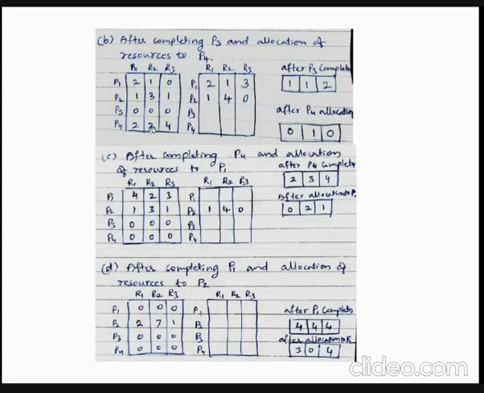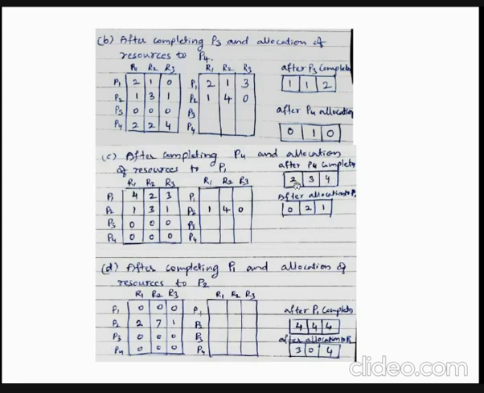So we get 0 plus 2, which is 2, 1 plus 2... 2 plus 1, we get 3, then 4 plus 0, we get 4. That's why after completion of P4, the free resource state will be 2, 3, 4.